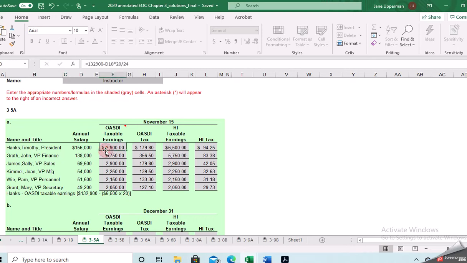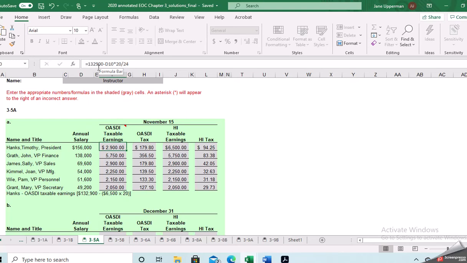So if we look in these formulas here, they're trying to calculate the taxable earnings. If we look inside that cell, it is taking their annual salary of $156,000 and then subtracting out the $132,900 from that.